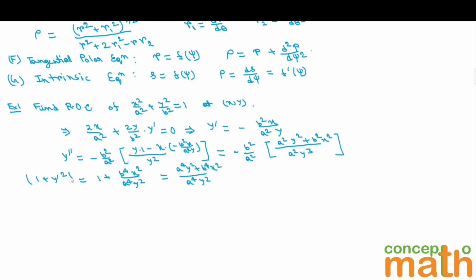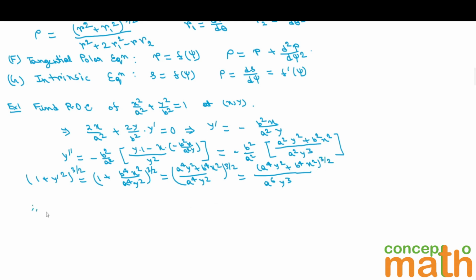So if we take power 3 by 2 on both sides, the denominator will become this is a square y whole square, so square will cancel out, so cube, so this is basically a to the power 6 y cube, and the numerator will keep as it is, (a to the power 4 y square plus b to the power 4 x square) whole to the power 3 by 2.